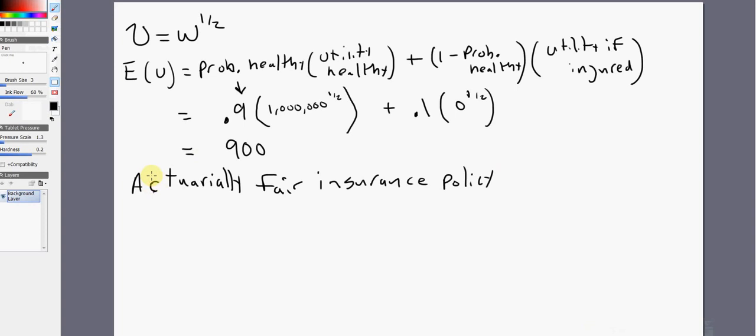That is, if the golfer gets injured, his insurance policy will pay him back the size of his loss, which is $1 million. So an actuarially fair insurance policy is just going to be the probability of loss times the size of the loss.